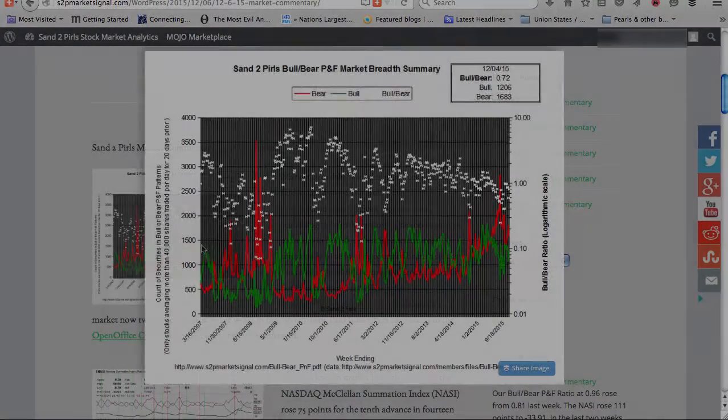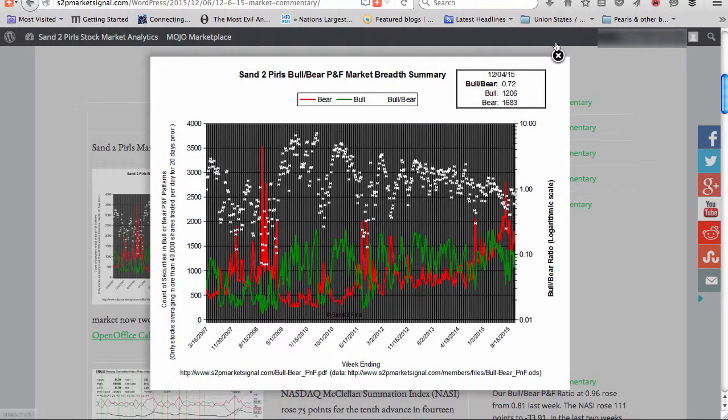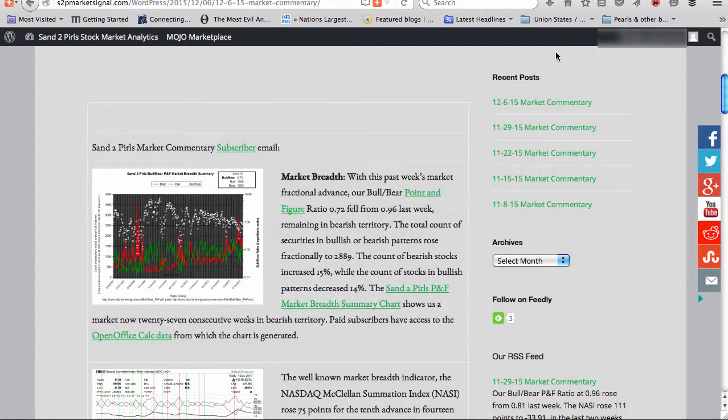Market breadth. With this past week's market fractional advance, our bull-bear point and figure ratio, 0.72, fell from 0.96 last week, remaining in bearish territory. The total count of securities in bullish or bearish patterns rose fractionally to 2,889.